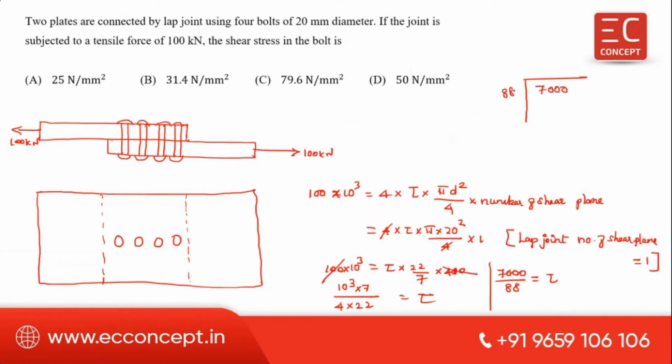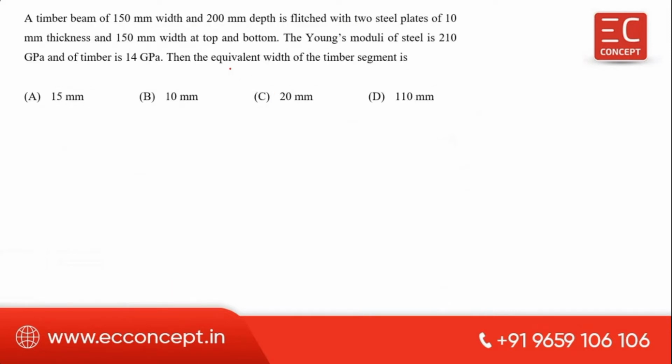Simply I'm giving the answer: 7000 divided by 88 is 79.54. So tau is equal to 79.54 Newton per millimeter square. So this is the answer. So the answer is option C. Understood? Now the next question.